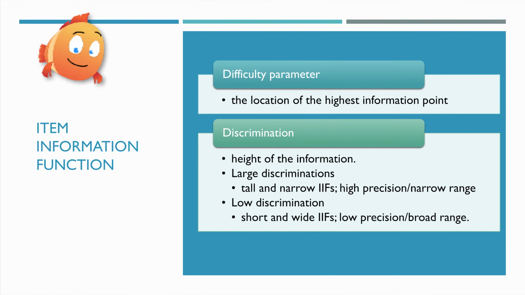And these mean you have high precision in your estimate and narrow ranges around your estimate. So you have really nice and tight confidence intervals. Low discrimination means you have very short and wide item information functions. And a consequence of this is you have low precision of your estimate and a broad range of where someone's true score is.